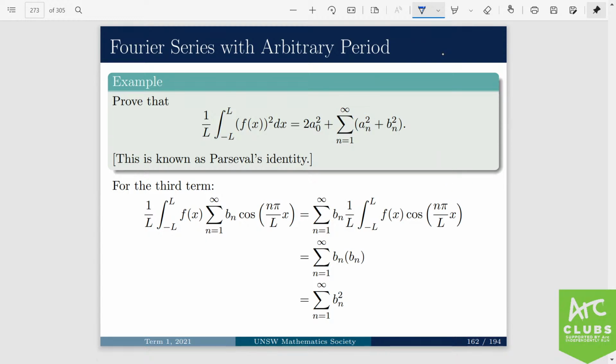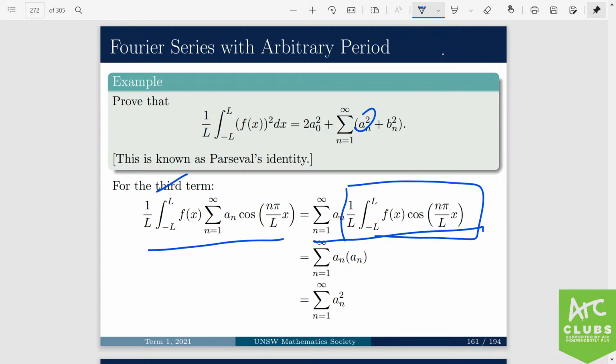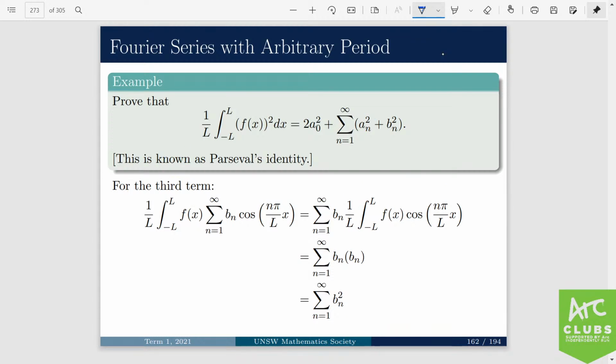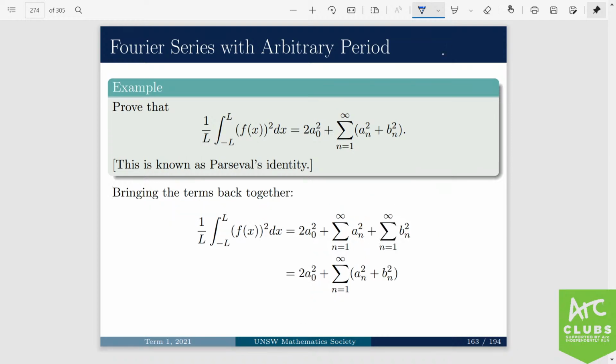When we look at the last term, oh, this should say second as well. Sorry, there's a bunch of typos. In the third term, it's the exact same process as we did for the second one, except this is B instead of A. So you run through, you get the exact same thing. So we bring them all together, we add them up. Then we can combine these AN and BNs because they're running the same summation and they both rely on n.